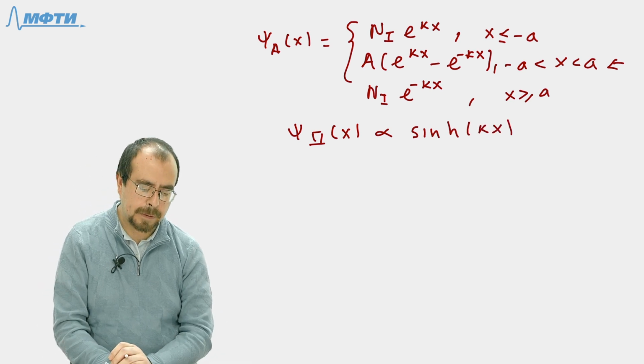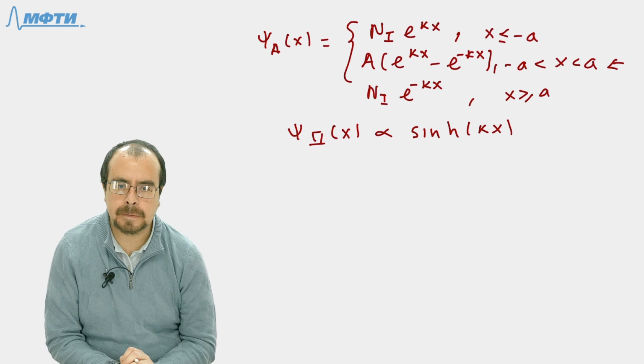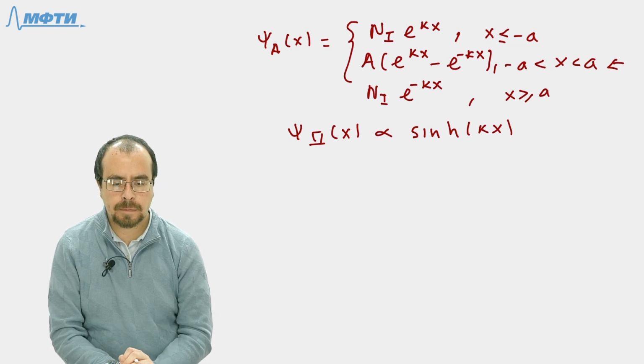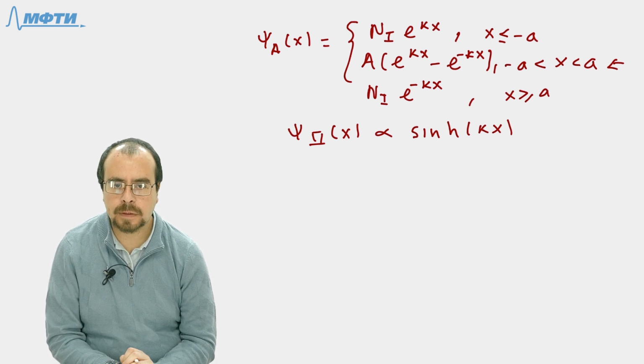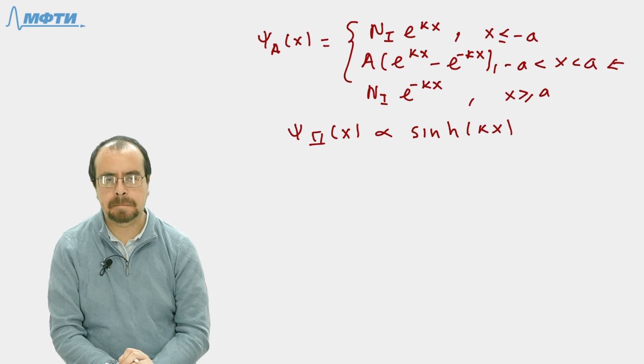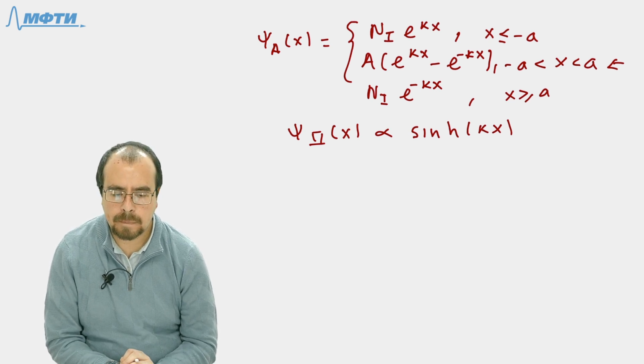So in principle, using all these arguments, we can obtain the solutions. One of the things that I want you to do is to plot this type of solutions and see the difference between them, and also to discuss the properties of these solutions.